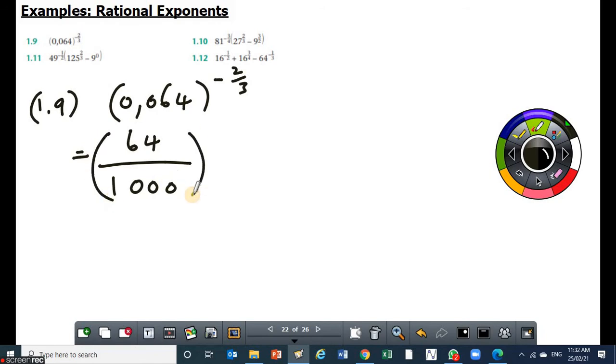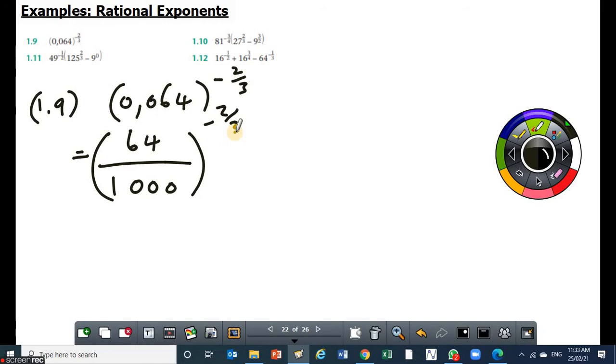So all this we raise to the power of minus 2 over 3. Then we may need to convert this negative exponent to a positive exponent.